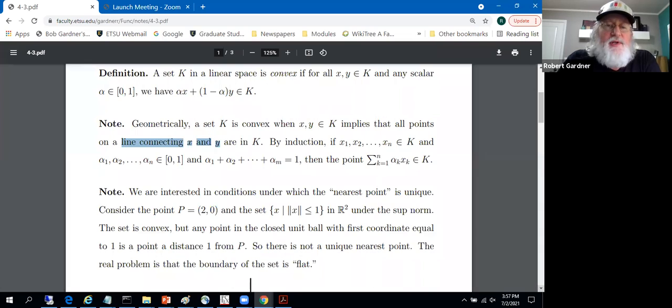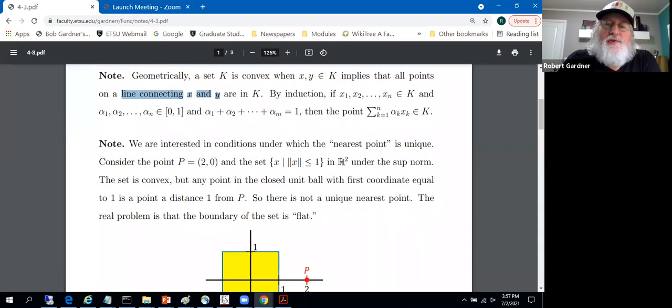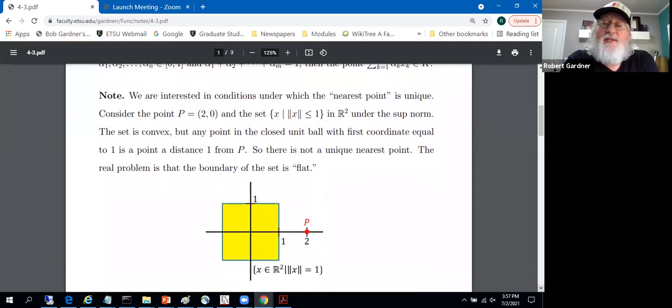Now, we're interested in conditions under which the nearest point to a given point from a set is unique. More specifically, consider this picture. We've got the point P, the point 0, 2 in the xy plane, and the set here. This would be the unit ball under the sup norm.